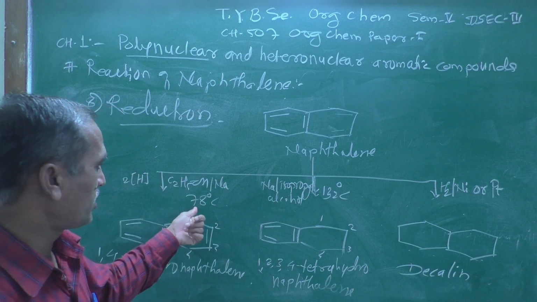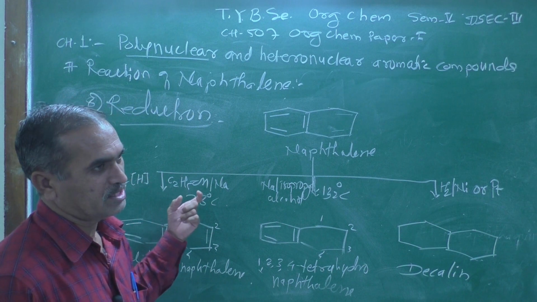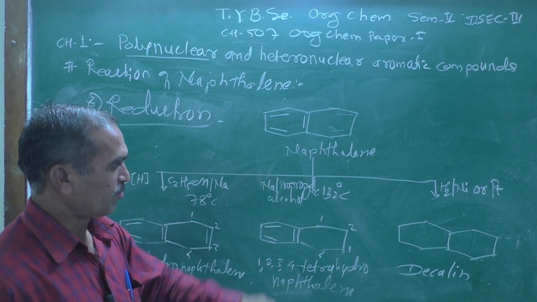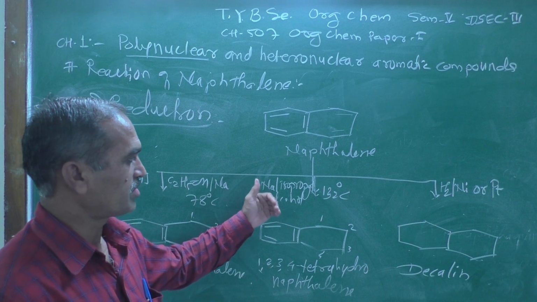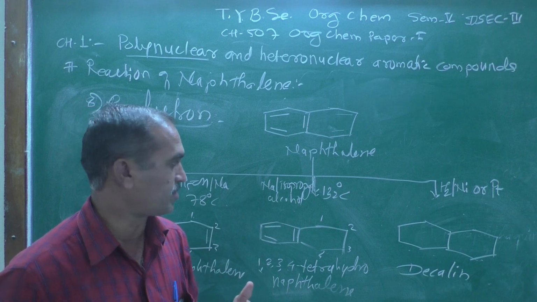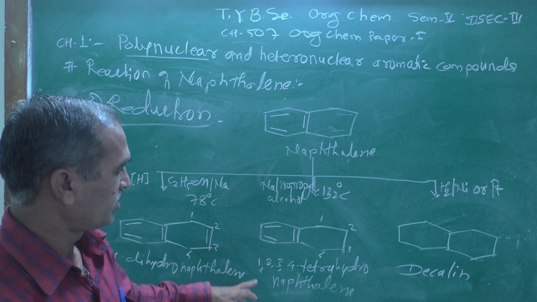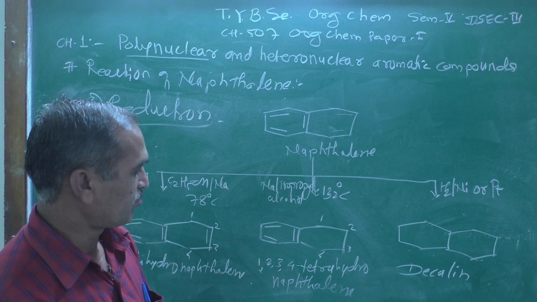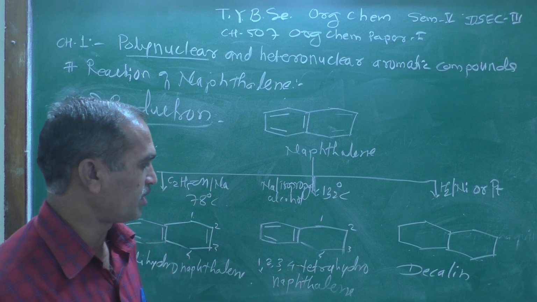In the previous case the temperature is kept around 78 degrees centigrade, whereas in the second case they raised the temperature to around 132 degrees centigrade, and what they got is 1, 2, 3, 4-tetrahydronaphthalene.